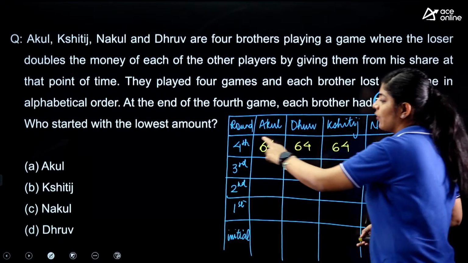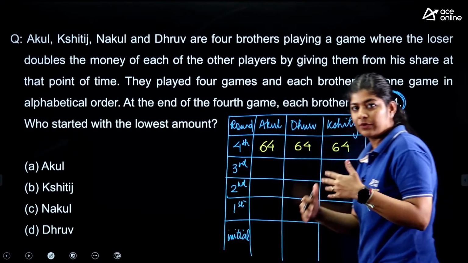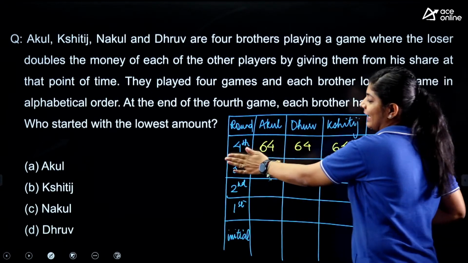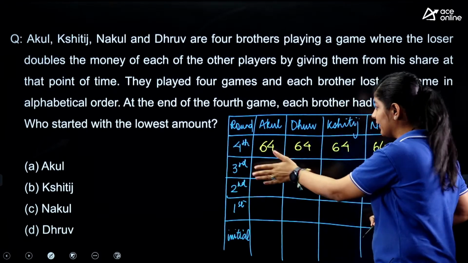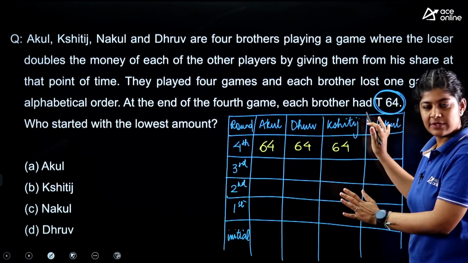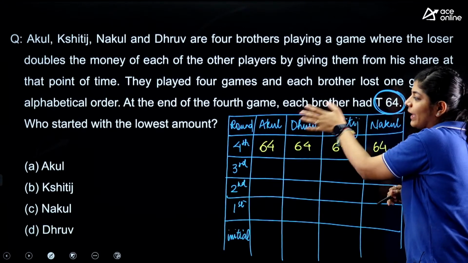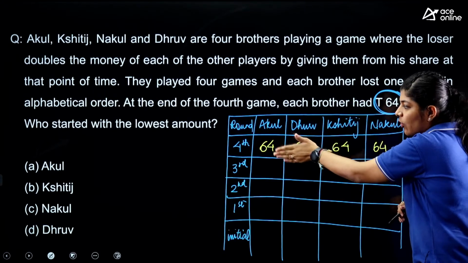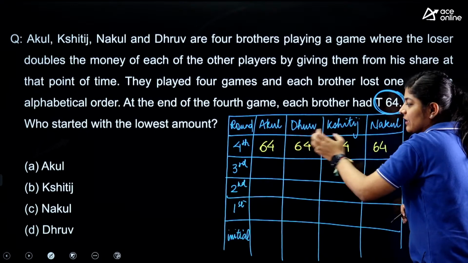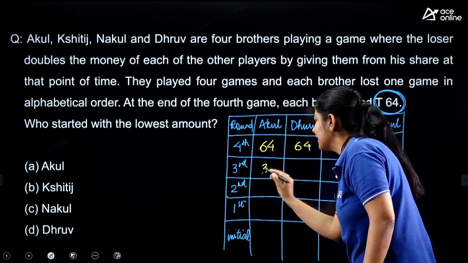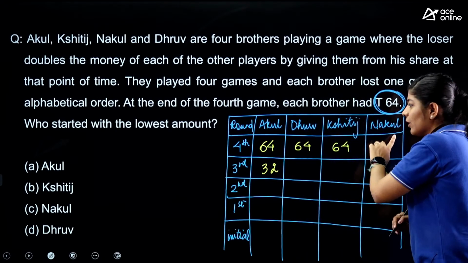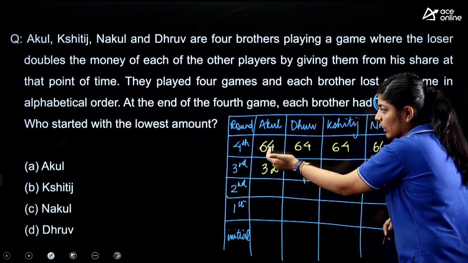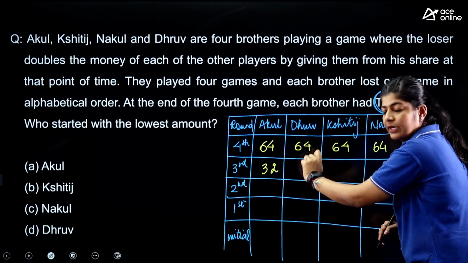So when this 4th round was conducted and the amount distributed, at the end of the third round Nakul lost the game, so Nakul needs to pay all of them. Before making it 64, Akul had 32 rupees. So Nakul paid 32 rupees to Akul so that it would double, right?